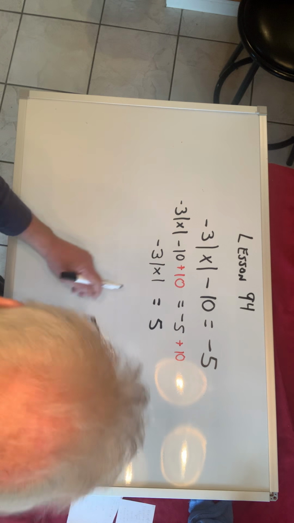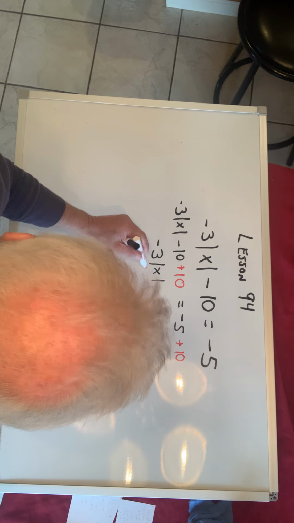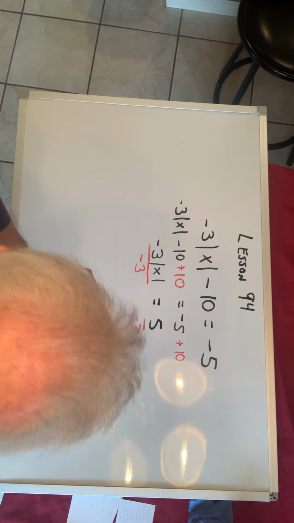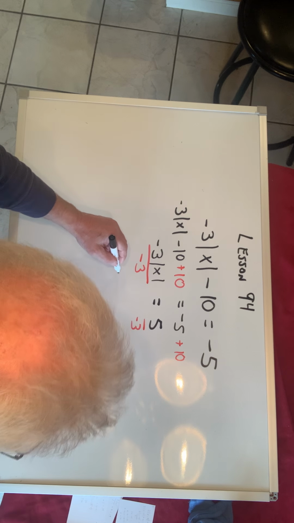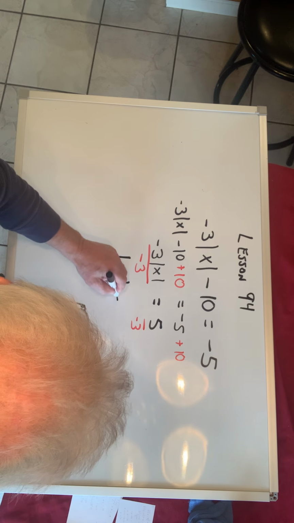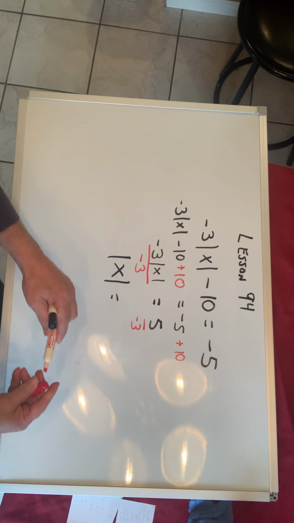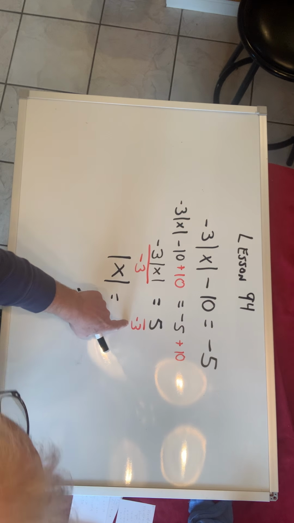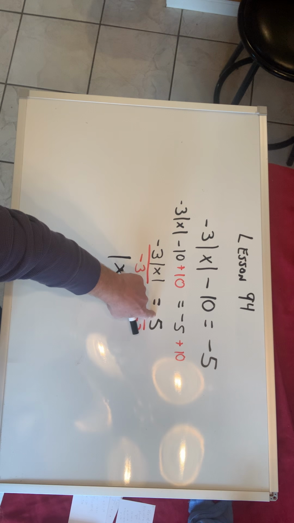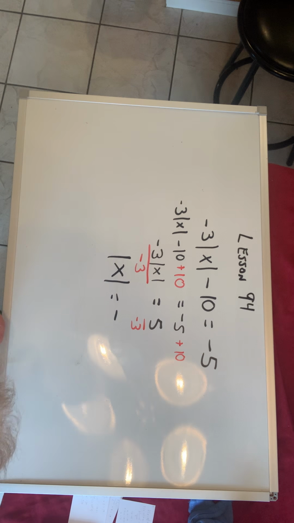Now, they're multiplying by -3, so we'll divide by -3, okay? And now we get the absolute value of x. Now, I just said to you before not to get too excited, but look what happens here. No matter what I do, I'm going to get a negative divided by a positive. I'm going to get a negative here.